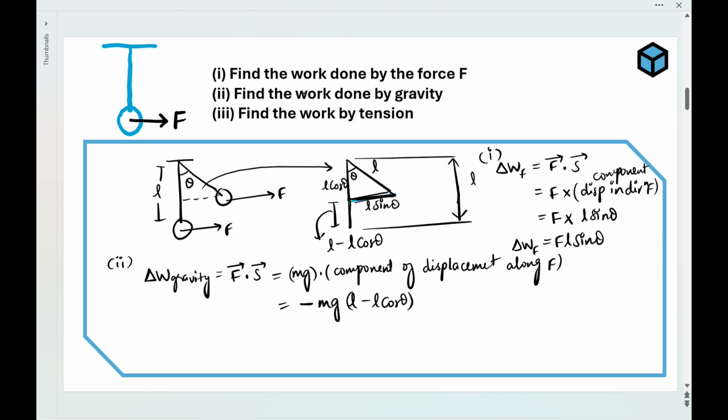So as you can see, this is the work done by gravity. So let's move to the third part. What is the work done by the tension?